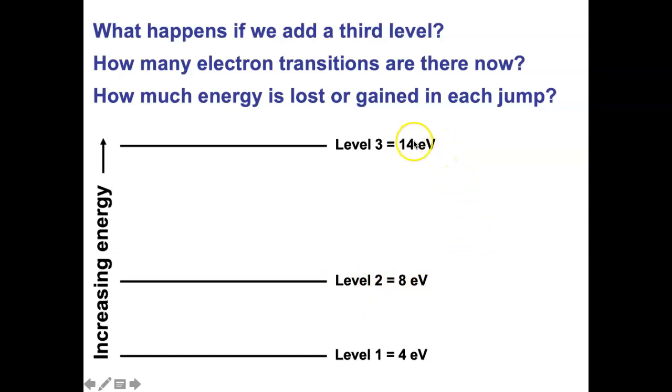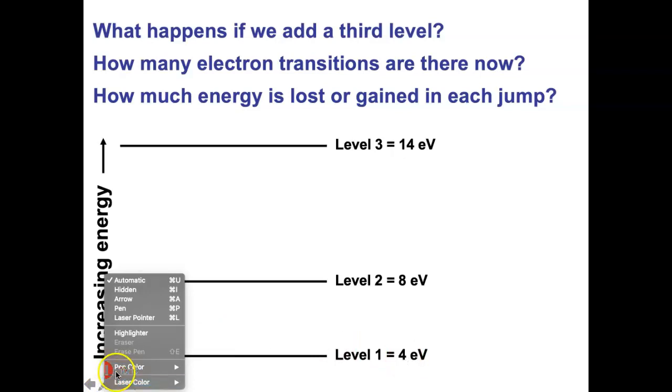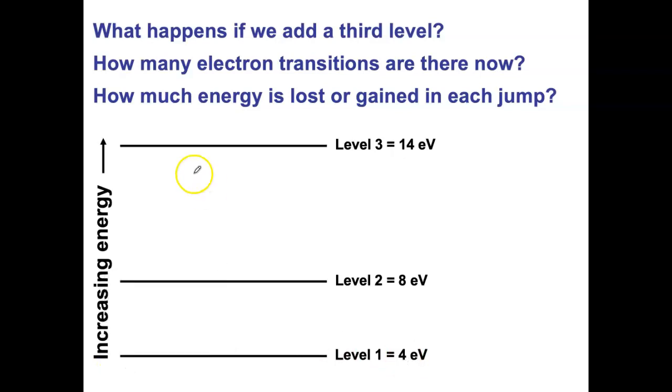So, if there are 3 possible energy levels, then this electron has 3 possible ways to lose energy. The electron can go from level 2 down to level 1. The electron can go from level 3 down to level 1.